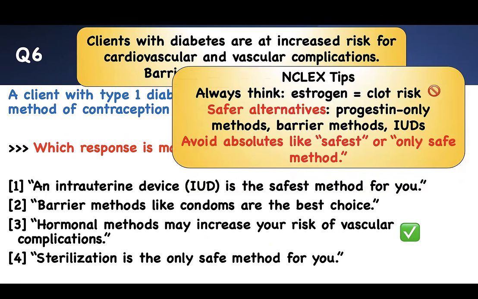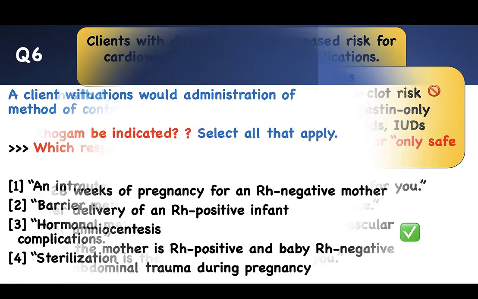When you're picking an answer choice in the NCLEX regarding oral contraception, always think about estrogen. They're more likely to cause clots. Therefore, a safer method is to use progesterone only, or barrier method, or IUD. You should not pick an answer choice that's the safest, the only safe method, the best. No, that one makes you wrong.